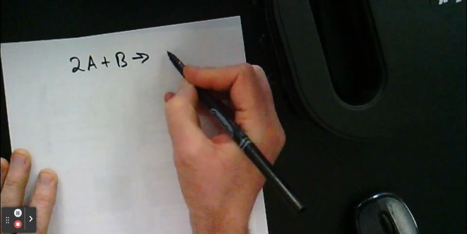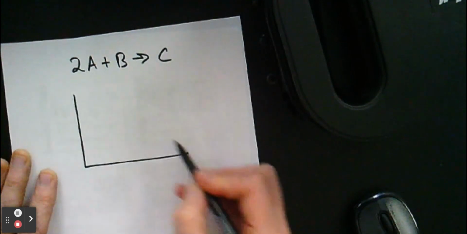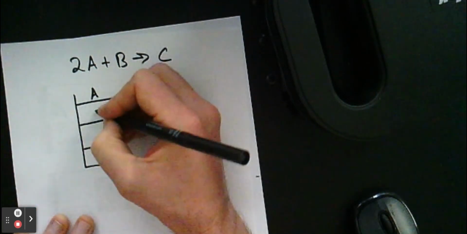So, 2A plus B yields C. A, B, C. All right.